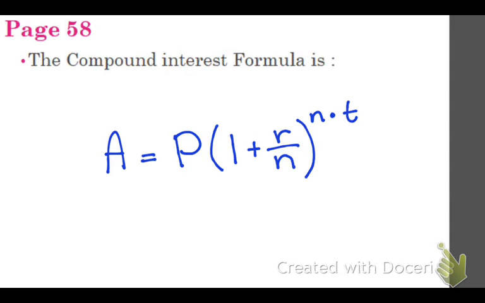What does interest mean? What are we talking about when we talk about interest? To give more. So when you put money in a bank, over time, they want to pay you for keeping your money there, so you gain interest. So I start with this amount of money.